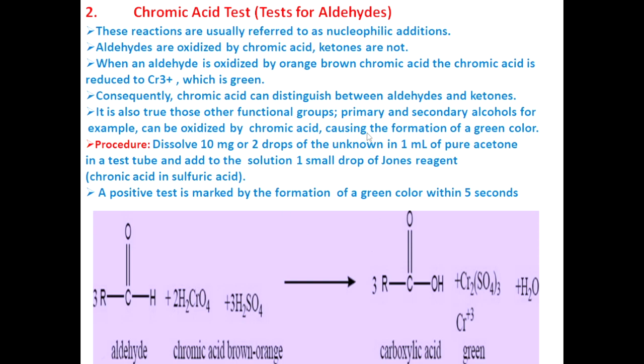It is an oxidizing agent. A positive test is marked by the formation of a green color within 5 seconds. So what is happening here? The aldehyde will undergo oxidation to give the carboxylic acid, chromium sulfate and water. The formation of green color itself shows the presence of a carbonyl group, particularly aldehyde.